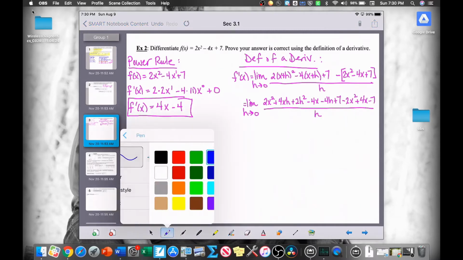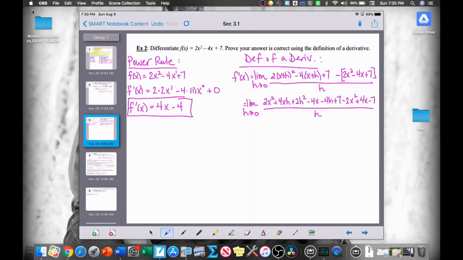Now I get to cross out terms that cancel. Positive 7 and negative 7, negative 4x and positive 4x, positive 2x squared and negative 2x squared. My remaining 3 terms all contain h. So let's factor that h out right away. h times (4x plus 2h minus 4) divided by h.